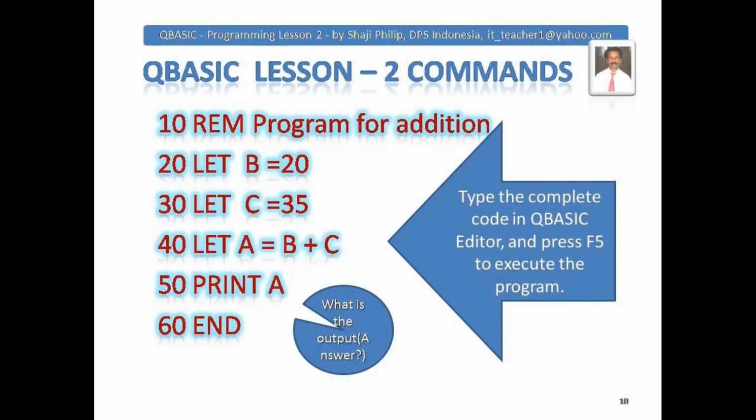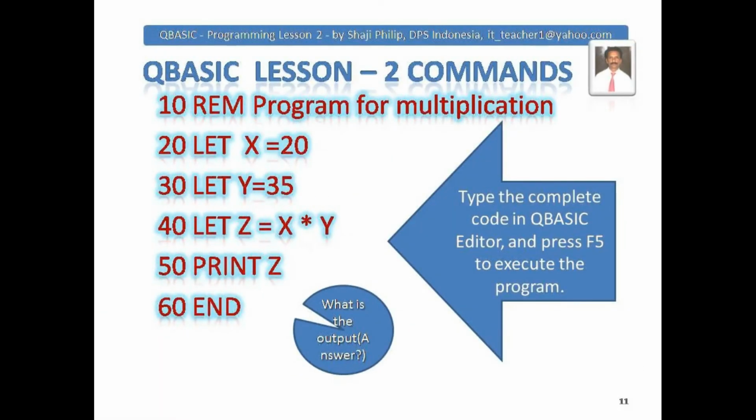The values of b and c will be added and stored in a, and a will be printed. The answer will be printed as 55. Please check whether you are getting the answer or not. Type this entire code and press F5 and see the output.